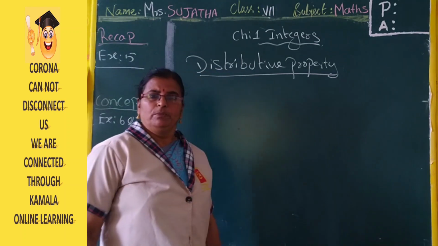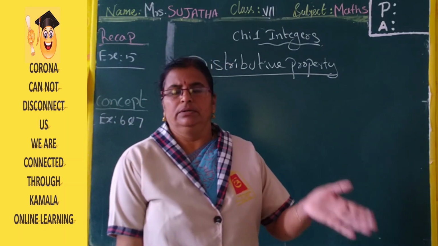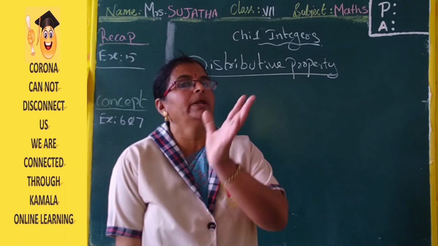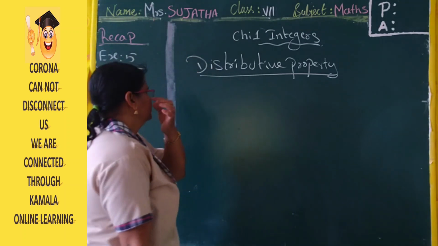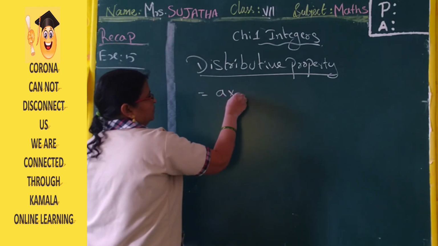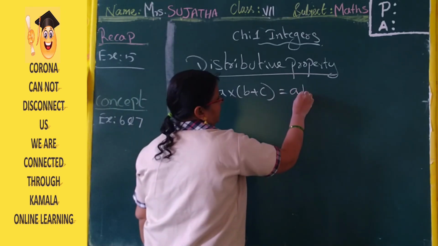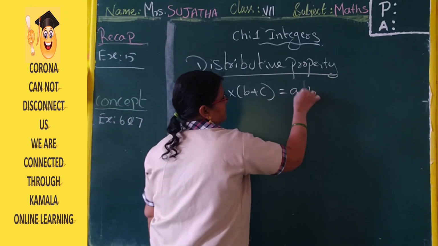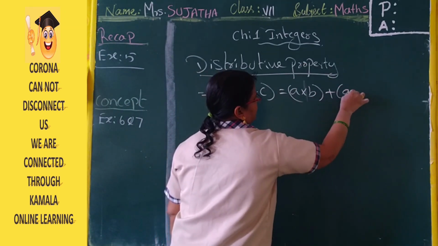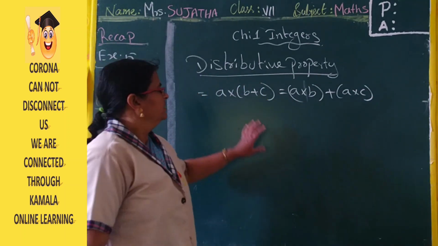We can say distributive multiplication over addition. How can we write this statement? A into (B plus C) is equal to A into B plus A into C. This is called distributive property.